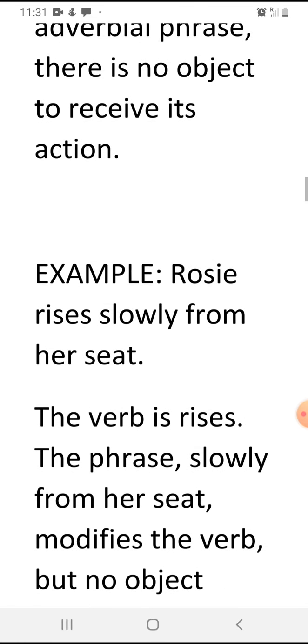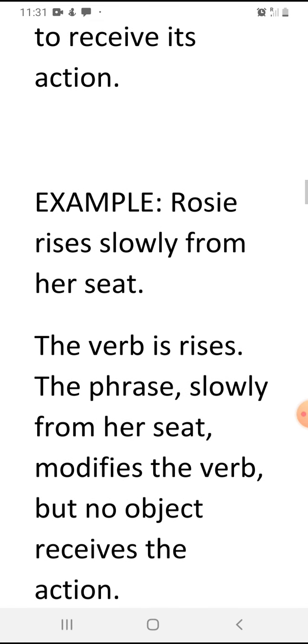Let us see this example. Rosie rises slowly from her seat. In this sentence, rises is the verb. If we ask a question, Rosie rises what? We don't get any answer. Rosie rises whom? We don't get any answer. So that means this verb rises is not having any object in it.